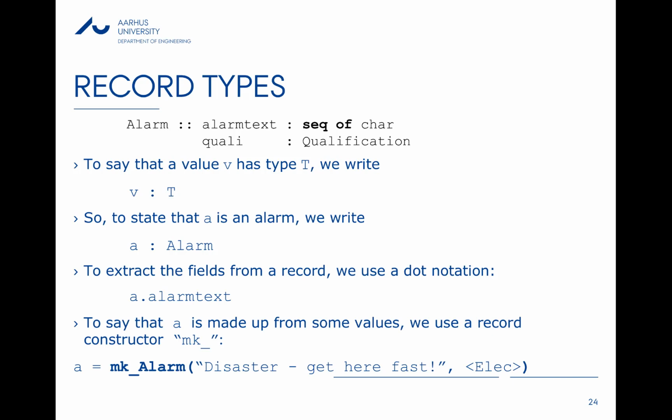So in case we had A being made up of some value, we would use a record constructor, this mk_ and then the type name, which is Alarm, so mk_Alarm, and then the text could be "Disaster, get here fast", and then the electrical qualification would be there. That could be one that we would like to do, and then alarm text would be "Disaster, get here fast".